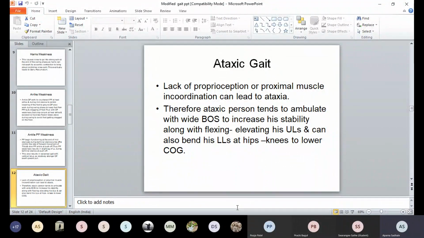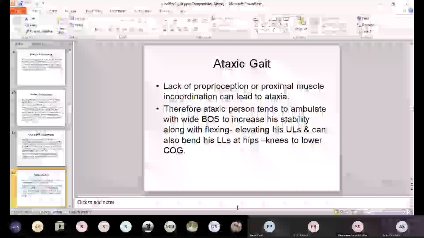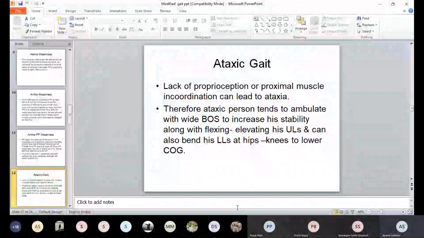Then we saw that there are two major reasons for anyone to show gait deviations. First is neurological deficit. Whenever there is any neurological insult, the patient can have an upper motor neuron lesion or a lower motor neuron lesion.